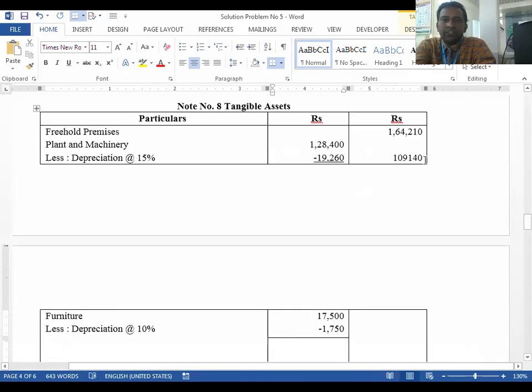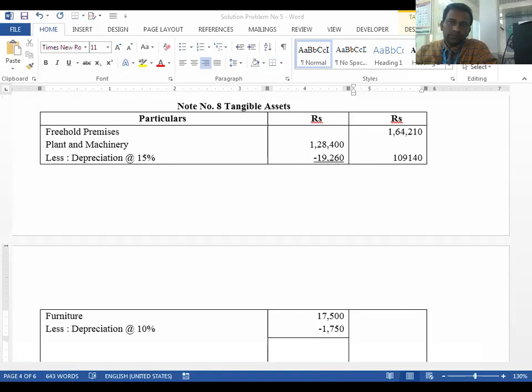Then 17,500 minus 1,750, the rest amount is 15,750. Very good.